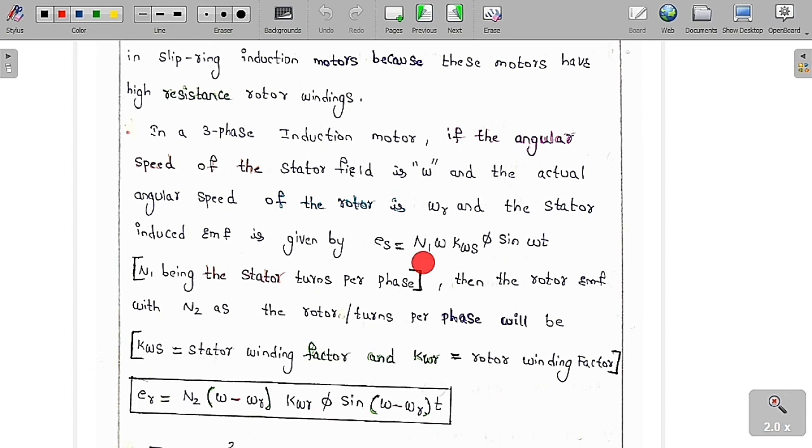So we have replaced N1 by N2, omega by omega minus omega r, and kWs by kWr, and phi is the same, with sin of (omega minus omega r) into t. So this is the equation for the EMF induced in the rotor per phase.